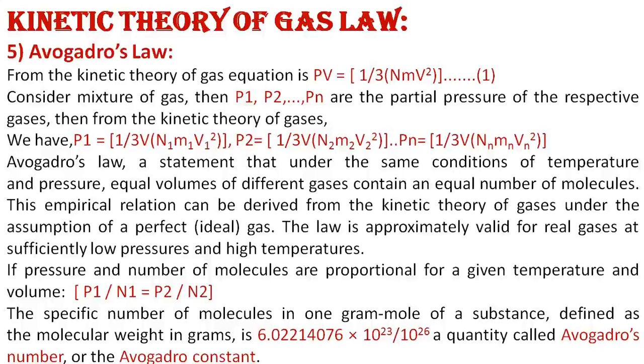The specific number of molecules in 1 gram mole of a substance, defined as the molecular weight in grams, is 6.02214076 times 10 raised to 23. This quantity is known as Avogadro's number or Avogadro's constant.